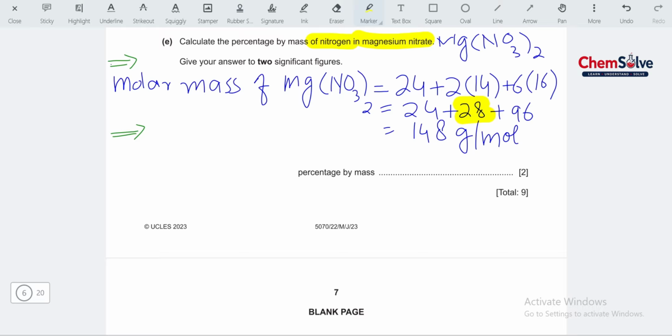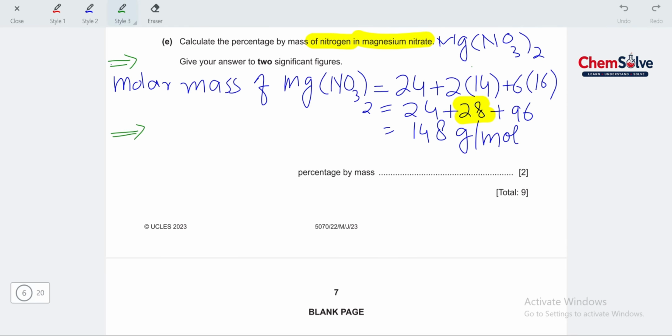So in this case, if this is nitrogen, they will divide the whole thing by 14. They will take 14 here, but this is the wrong approach. We do not need to divide by 14. We need to divide it by 28. Why? Because in our compound nitrogen is 28. It is 2 multiplied by 14. We are going to use 2 atoms of nitrogen here. So don't make this mistake, and you have to specifically use the exact mass of the element that is present in that specific compound.